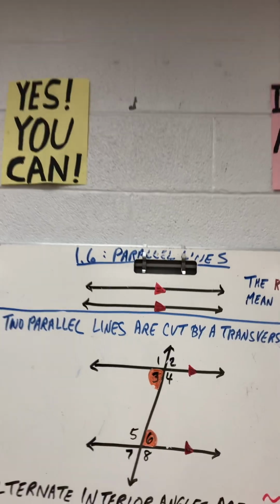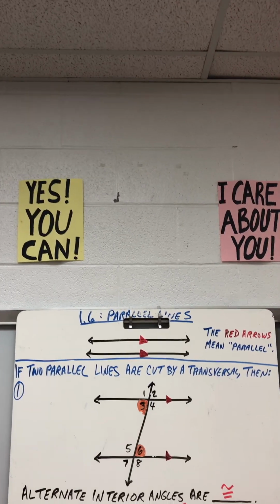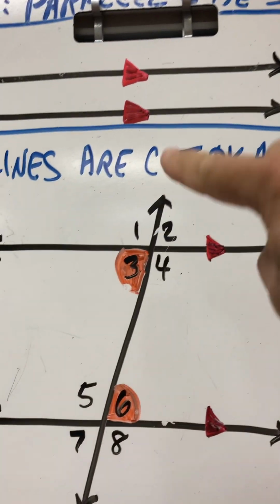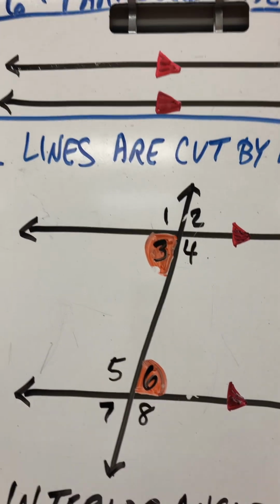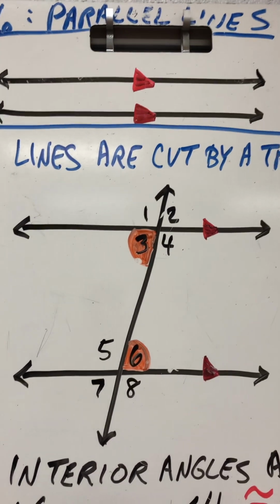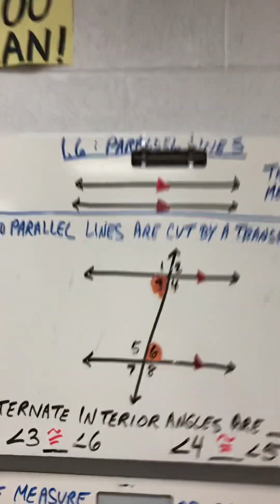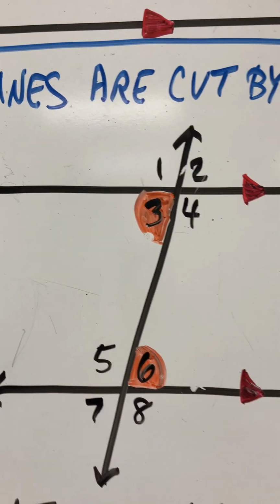So if two parallel lines are cut by a transversal, what's a transversal? That's this line here. I don't know why they have to make such a funky word for it, transversal. If two parallel lines are cut by a transversal, then angle 3 is equal to angle 6.